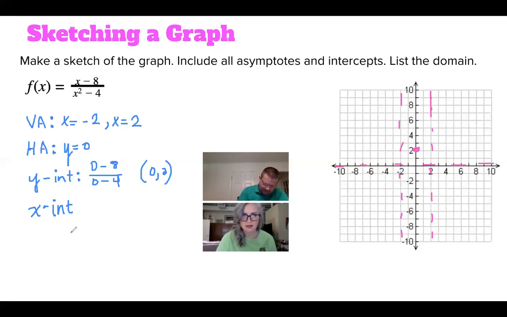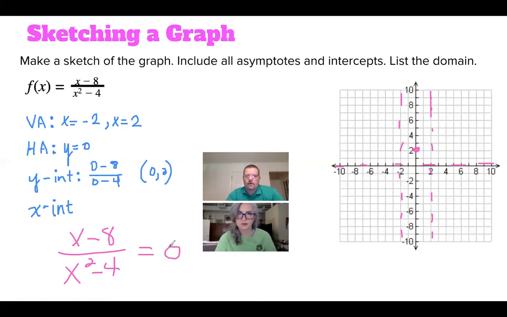So if I do x minus 8 over x squared minus 4 equal to 0, the only way to make a fraction equal to 0 is to make the numerator equal to 0, right? So I would multiply both sides by x squared minus 4 and it would go away. That would tell me x equals 8. So I would have the point (8, 0) here.